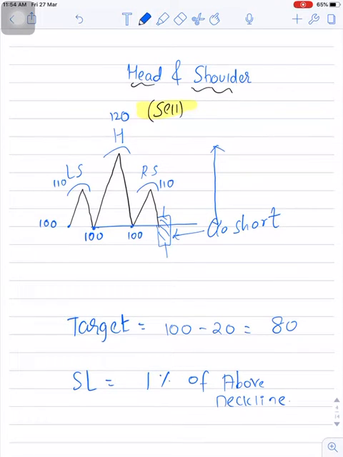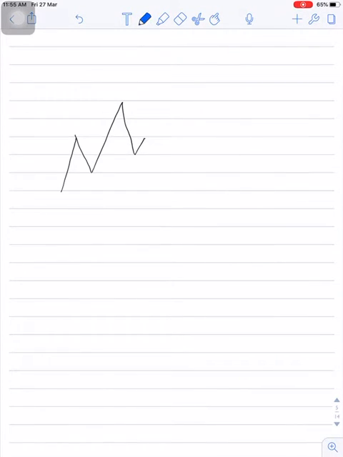Now in this case you can see that the neckline is flat because the low of the left shoulder and the low of the head are both the same, 100 rupees. That's why you got a flat neckline. Sometimes you may get an upward sloping neckline also. In this case, let's say price rallied from 100, made a top of 110, fell till 105, went up, made a new top of 120 and fell till 108.